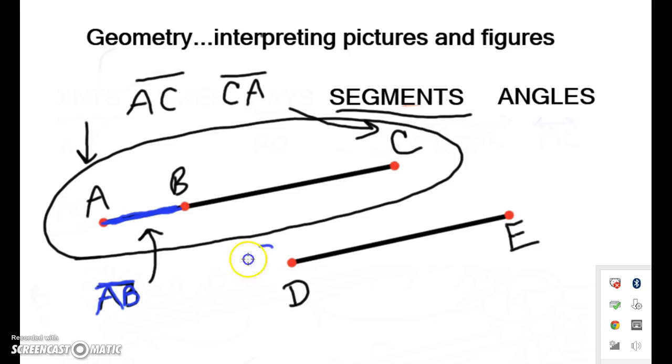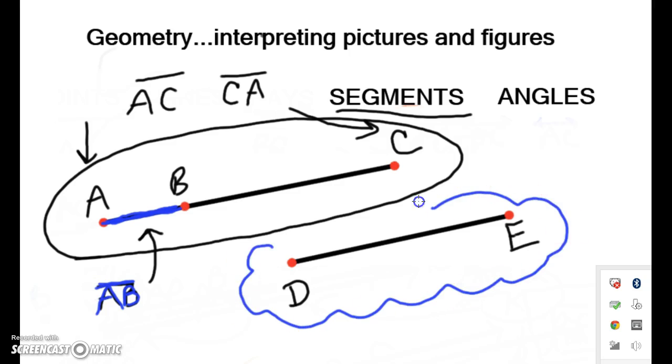This line segment down here is called line segment DE or ED. And notice the little symbol that I put above it.